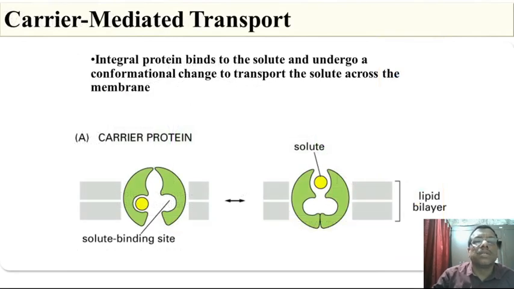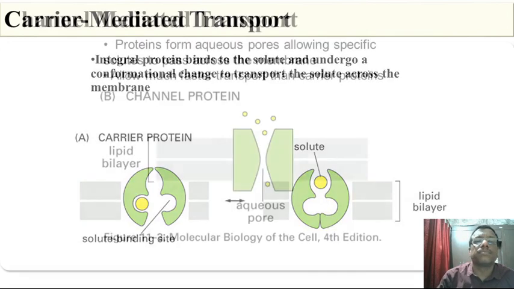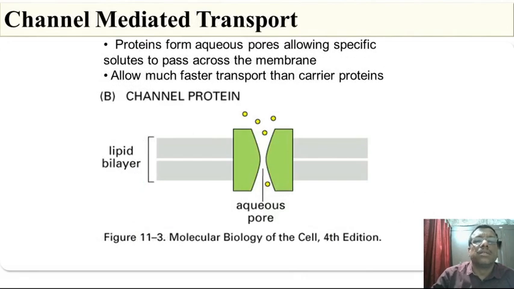So here this is also carrier mediated transport, which requires specific membrane-bound proteins which transport the molecules in and out across the lipid bilayer. So this is channel mediated.